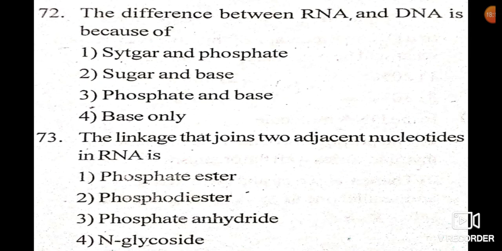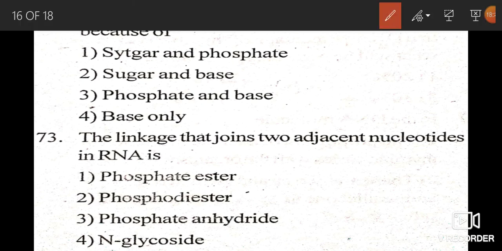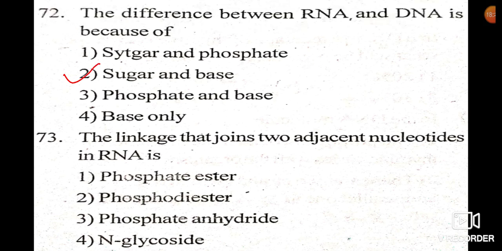Question number 72. The difference between RNA and DNA is because of the presence of sugar and base. In RNA, the sugar is ribose, and in DNA, the sugar is deoxyribose.